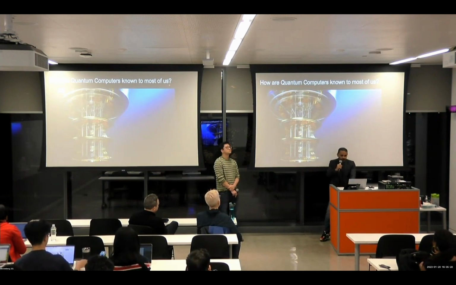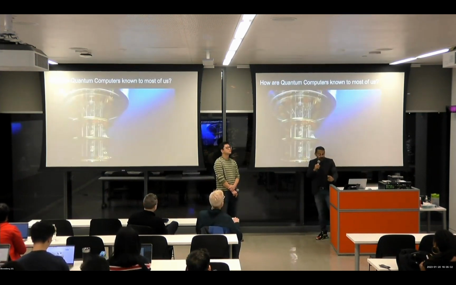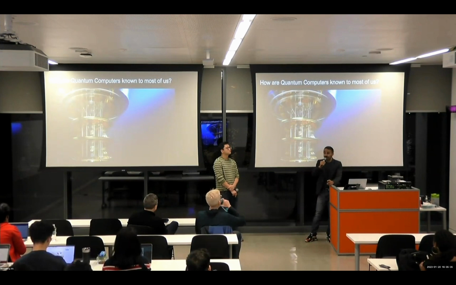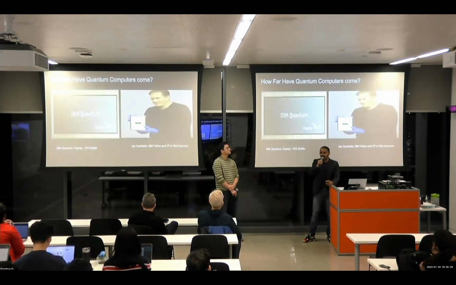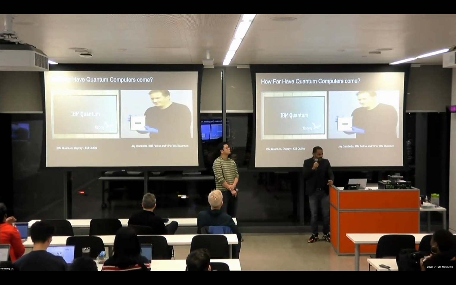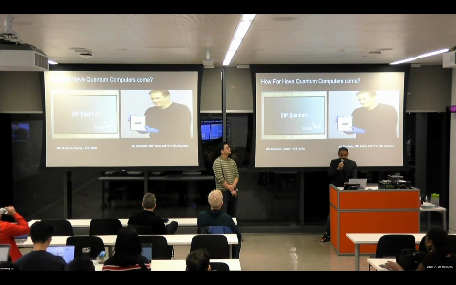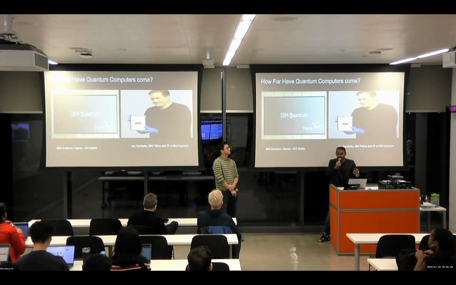Starting with how a quantum computer is known to most of us. This is how a traditional quantum computer image is known to us, but now IBM has made great advancements in this. So this is the Osprey. It is of 433 qubits, which is a very big number. We have made huge progress in that.